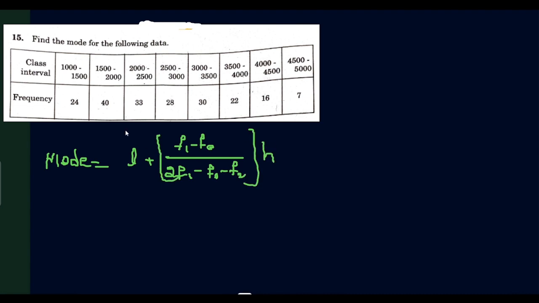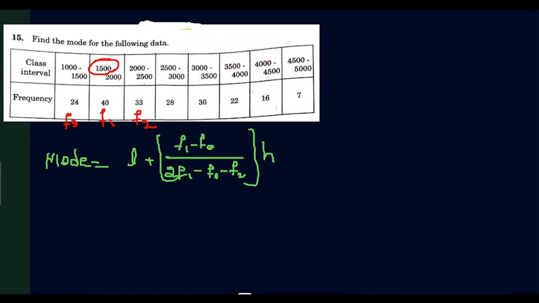Okay. So guys, here let's see what all these terms are. Let's consider this is F0, F1 and F2, right? And L is nothing but this F1's lower limit, that is 1500, and H is the class interval, that is, for every class we have an interval of 500, right? Now let's substitute all these values in this equation.